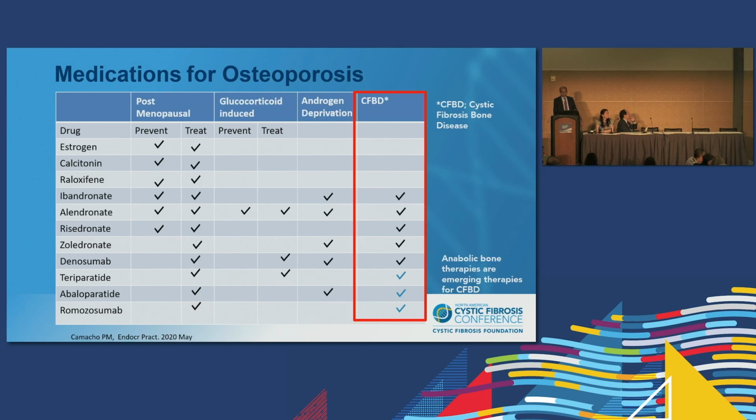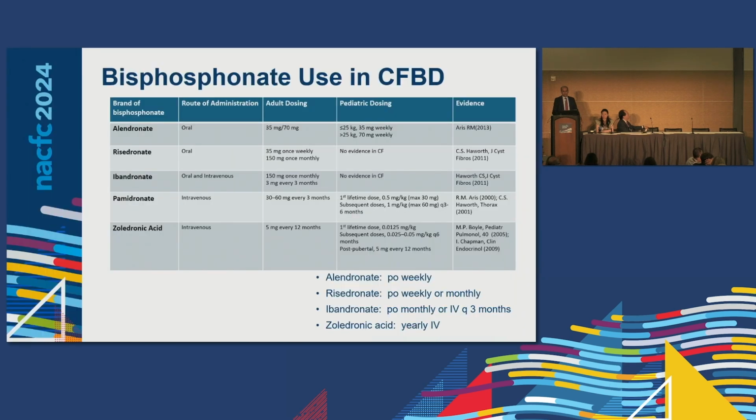The ones in blue, teriparatide, abaloparatide, and romosozumab, are emerging anabolic therapies for CF bone disease, which we will shortly discuss.